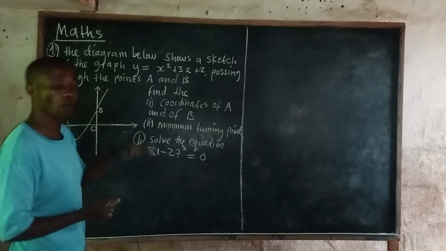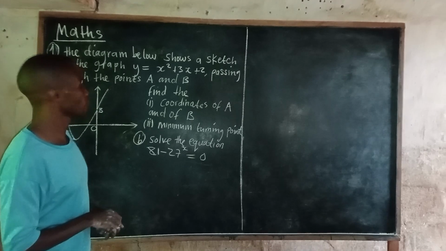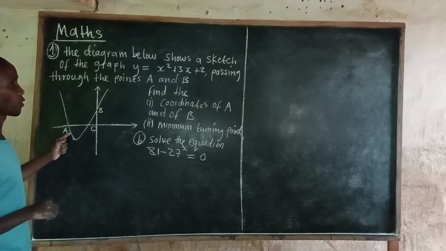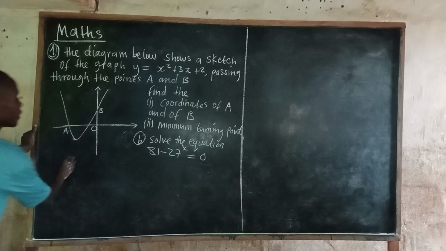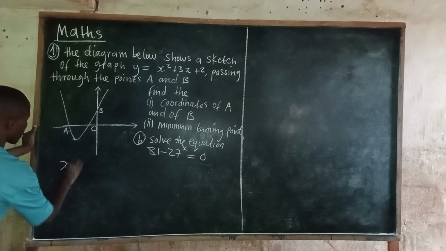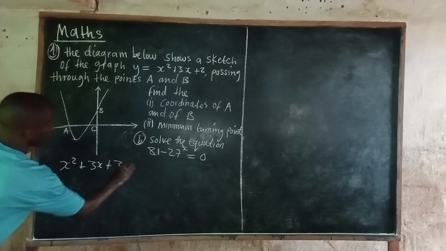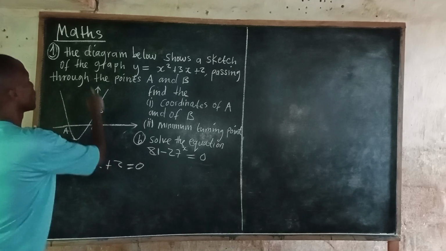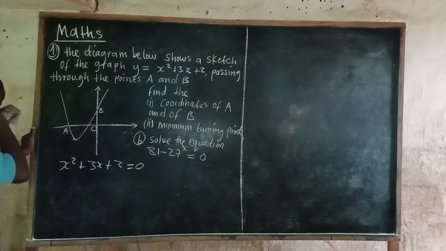We are going to make y 0, then we find the value of x, and that will be our x-intercept. So we have x squared plus 3x plus 2 equals 0.